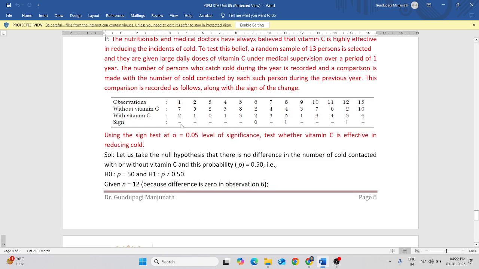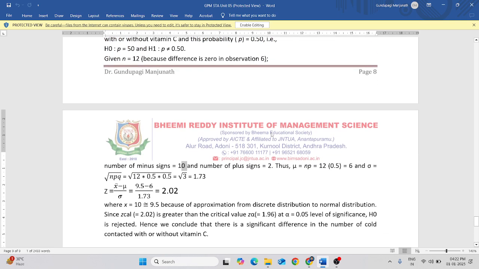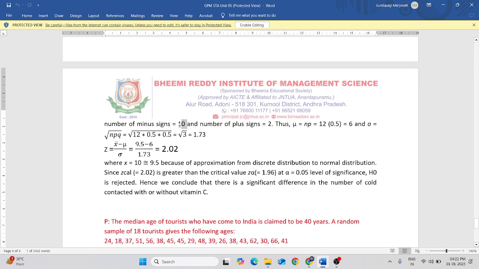If you observe the sign test, as it is a sign test, we are giving more importance to the signs. So if we count the number of minus signs and plus signs, out of 12, 10 are minus and 2 are plus signs.